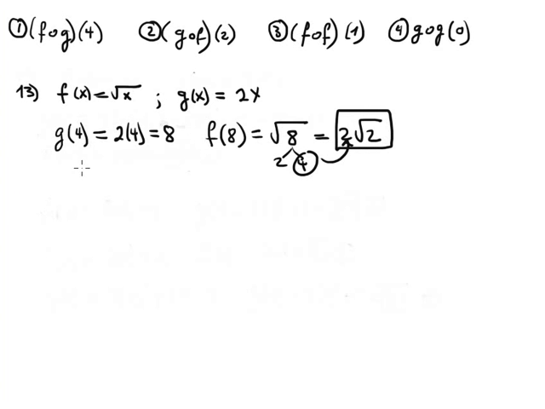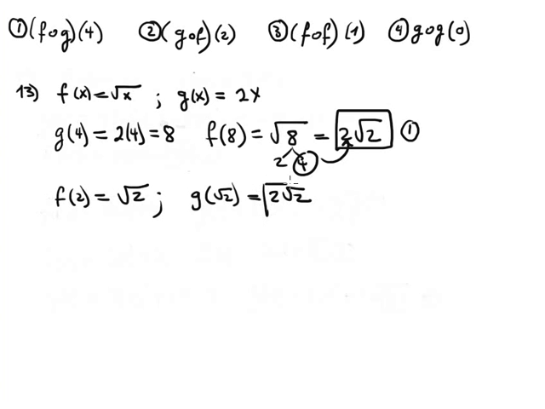Second, for 2, evaluate f at 2, which is radical 2. After that, g evaluated at radical 2 is 2 radical 2. It's the same. It's a coincidence, not always the same. Number 3 is f evaluated at 1.